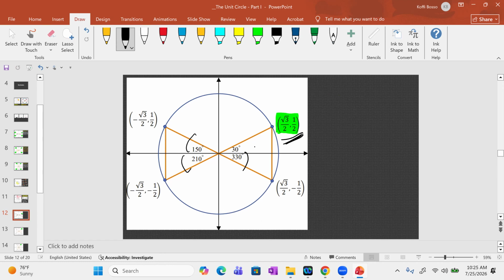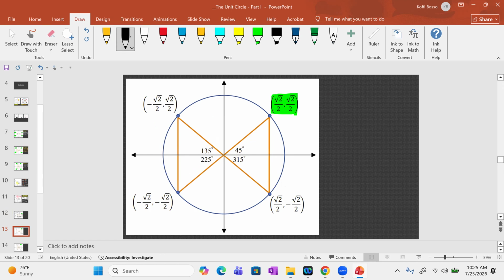Based on the reference angle, you can figure out the other angles. And based on quadrant 1, quadrant 2, quadrant 3, quadrant 4, you know how the plus and minus affect the values. So in the coordinates, you put that together and that helps you solve any kind of question related to a unit circle.